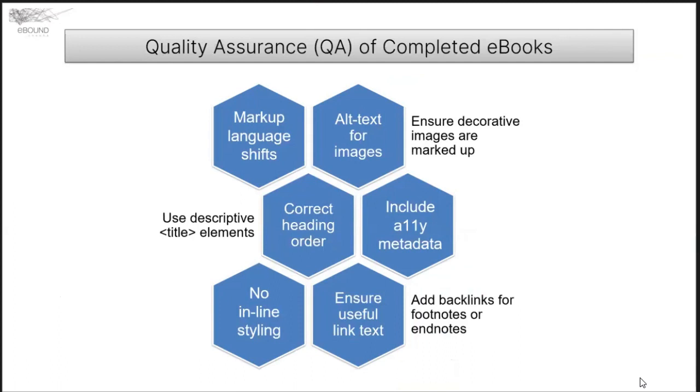Some items that you can check for are things such as obviously alt text for images, whether you've marked up language shifts throughout the ebook, the correct heading order, if you have accessibility metadata, if you have backlinks for footnotes or endnotes, and you have to make sure you don't have inline styling, ensure that even decorative images are marked up with alt equals no value and then role equals presentation, and whether you have descriptive title elements.